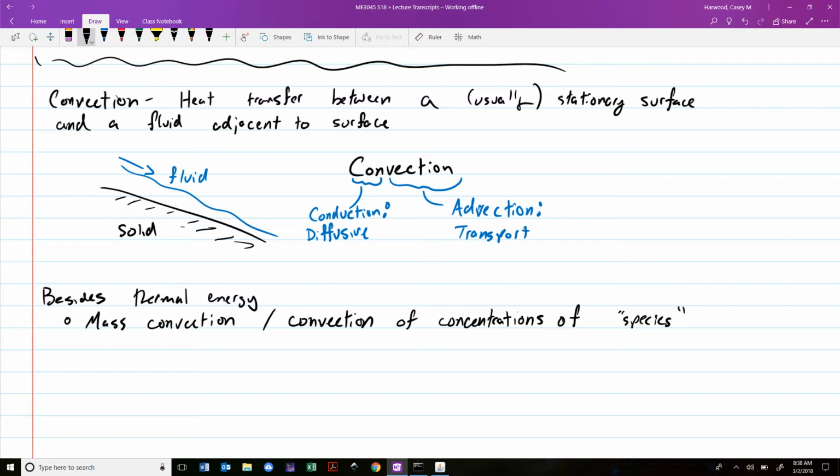Because some of that solid matter, some of that iron concentration has diffused and advected into the flowing water. So it's been transported as well. It's an identical set of math. It's just a different physical phenomenon. So the tools we're using here are also useful for analyzing the way that this species transport occurs.